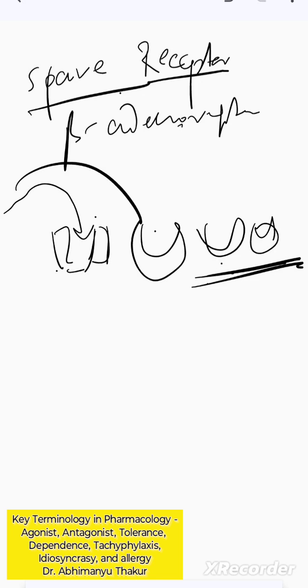Then there is a term called addiction, which you will often hear about. Addiction is the compulsive use of a drug. The patient suffering from addiction will crave the drug, and there will be withdrawal effects if there is a sudden withdrawal of those addictive drugs.